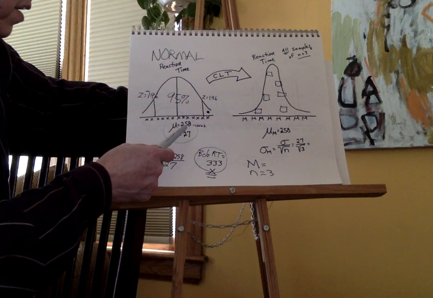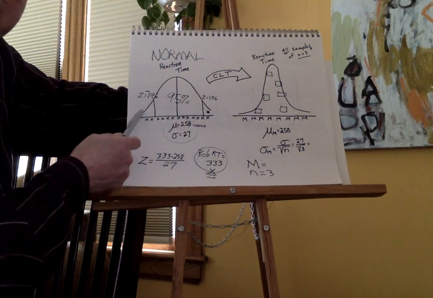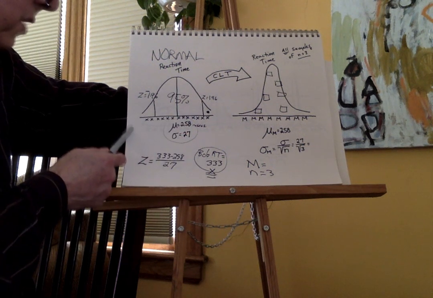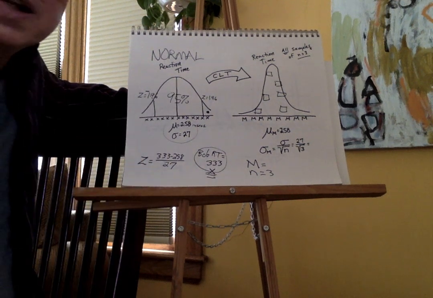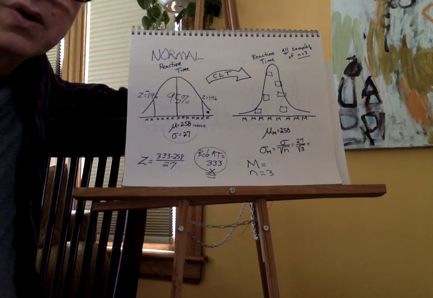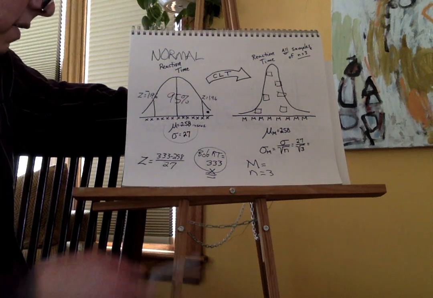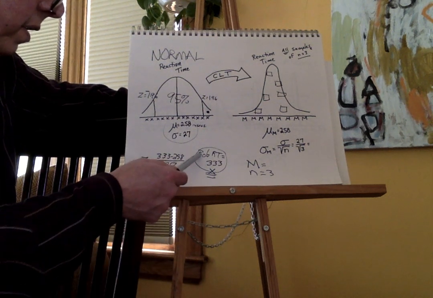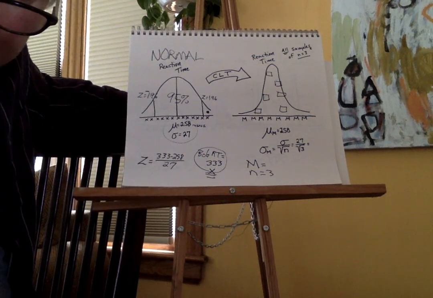And I'm bringing in my weirdness. This is a question on your last exam. Statisticians are going to say, hey, anything in the extreme 5% is going to be considered weird. Okay? And we did a z-score for Bob's reaction time of 333.